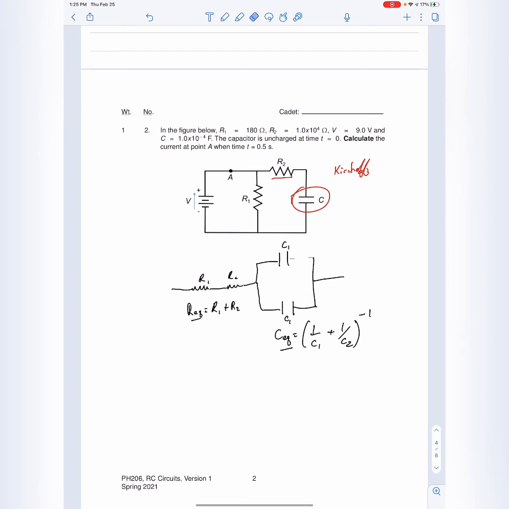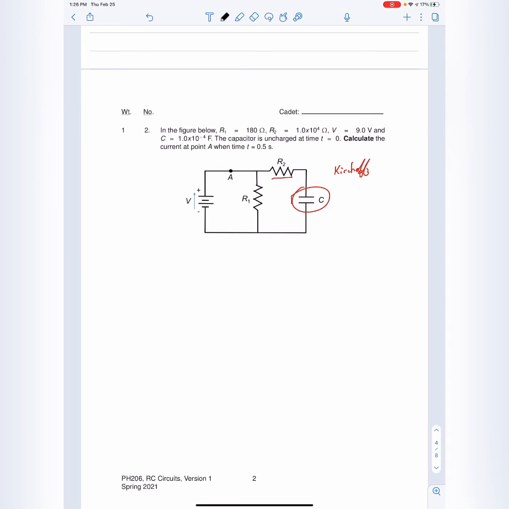Whenever you see something to this effect, like this, where there's a resistor here, then you can't just find the equivalent resistor or capacitor. That changes the game completely. It goes into integration, and it's nasty. You will never see a problem like that.